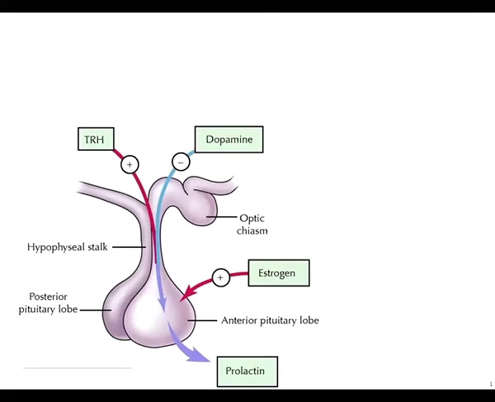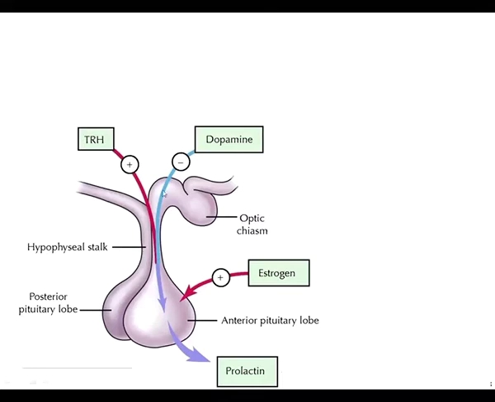So here we'll discuss the mode of control of the prolactin secretion. What are the factors which promote its secretion, and the factors which down-regulate the secretion of prolactin?